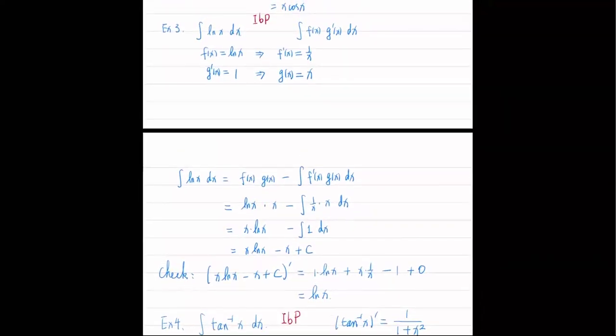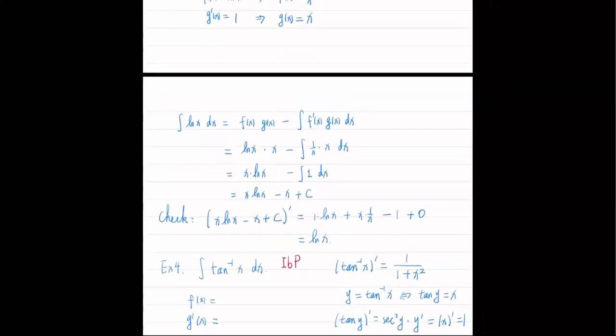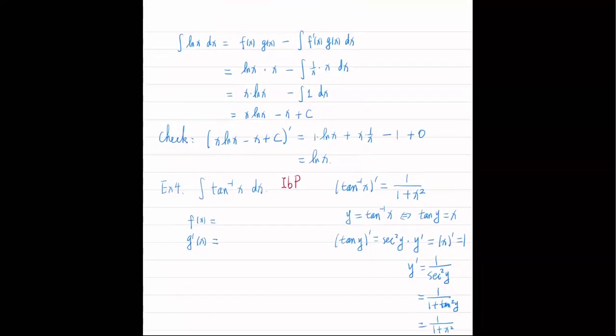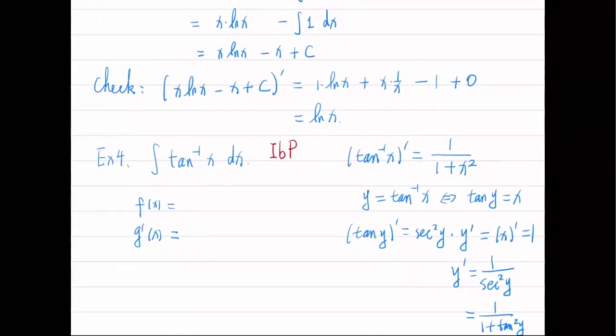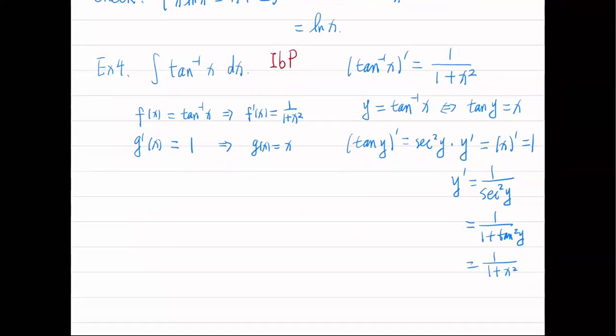For logarithm, we identify this with f, and we make up this derivative as 1. So here, tan inverse, I want to set this to our f. So the g derivative will be 1. We just find the derivative, it's 1 over 1 plus x squared. And we have found the antiderivative of this, that's easy, that's x. Okay, now we are ready to apply this integration by parts.